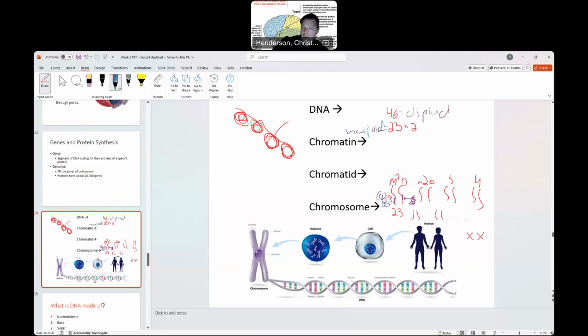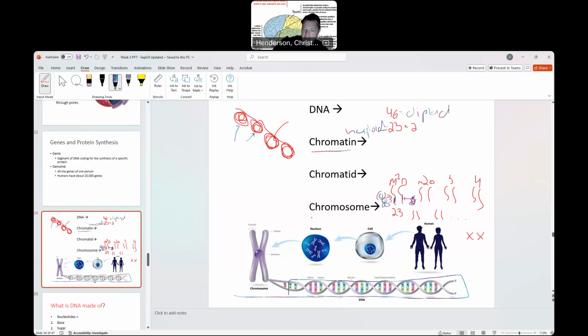So, what's DNA? DNA is this, all bajillion base pairs, right? 3.8 billion. When it starts spooling around proteins to be organized, that is called chromatin when it starts condensing.